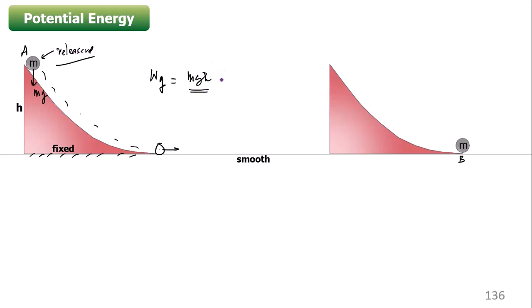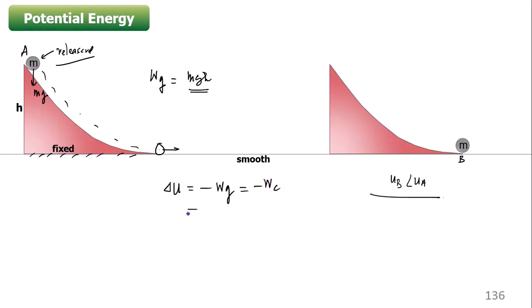Okay, that means the potentiality has to decrease. Whenever the particle comes from point A to point B, the potentiality at point B is always less than the potentiality at point A, because B is the final point and A is the initial point. In the entire situation, delta U, the change in potentiality, is nothing but the negative of the work done by gravity, or the negative of the work done by the conservative force.